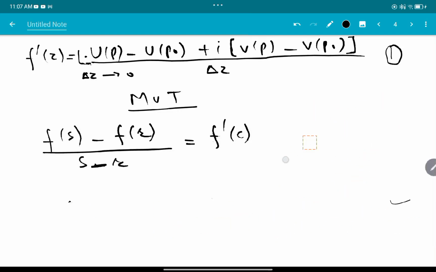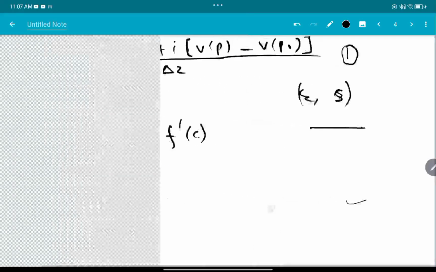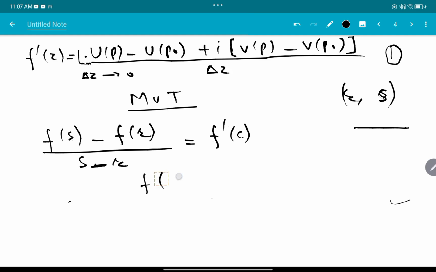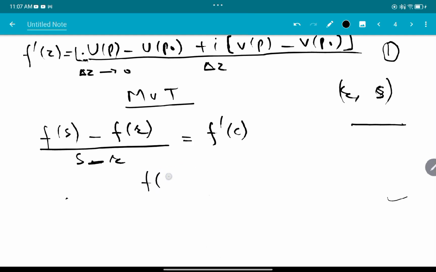If we have a mean value theorem like this, we can write it in terms of the value of the function at the end point. Say this was r and s, where s is the final point. First let me cross multiply: f(s) is equal to f dash c times (s minus r), that is the interval, plus f(r).